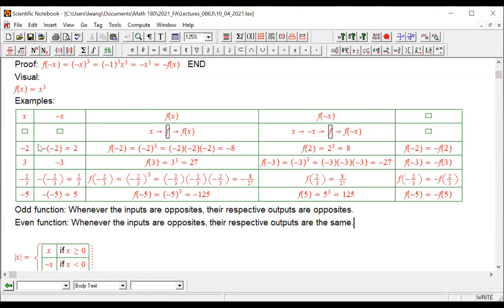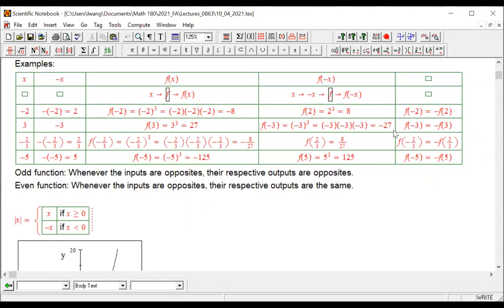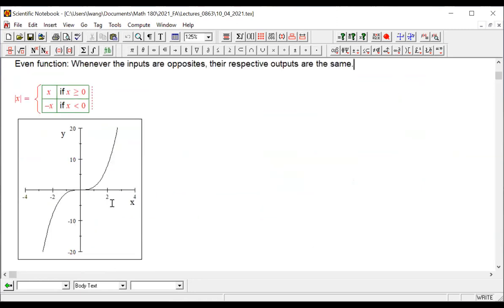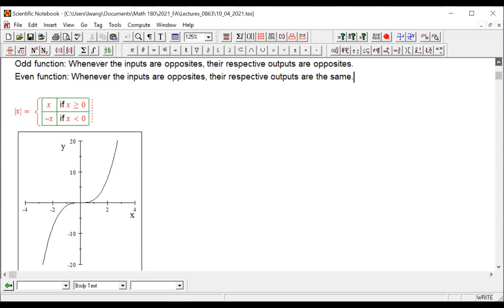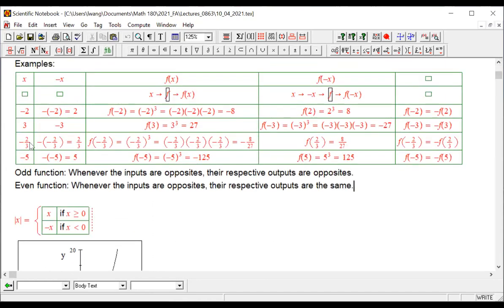Okay, so we saw the numerical notation and we observed the phenomena. And now let's look at the visual. We did the visual for 2, negative 2. Can you do the visual for 3, negative 3? Even function: whenever the inputs are opposite, their outputs are the same.